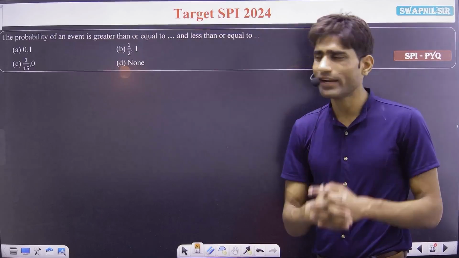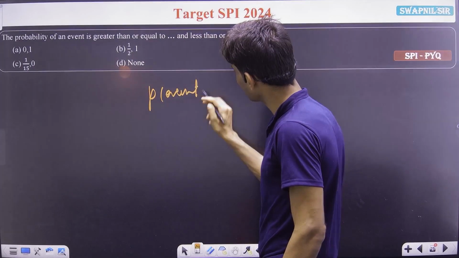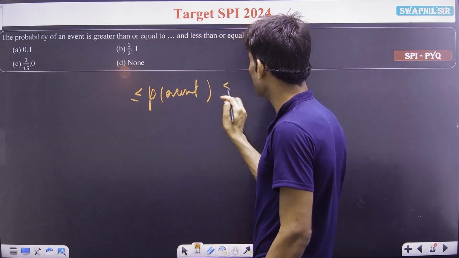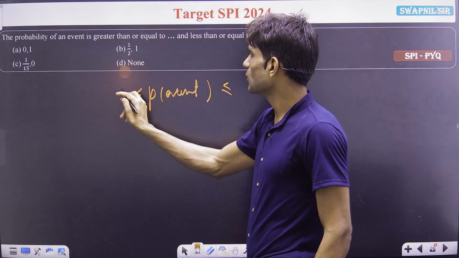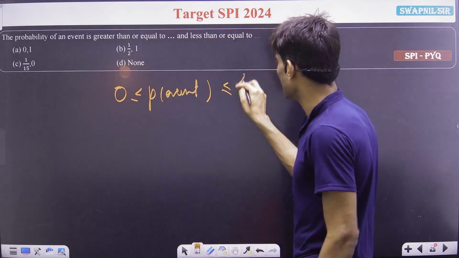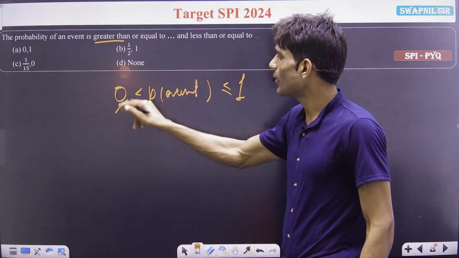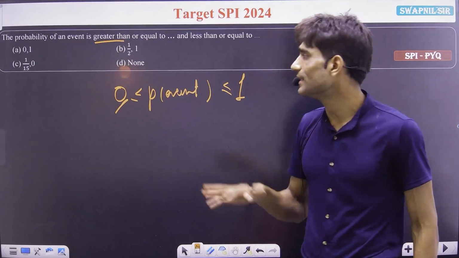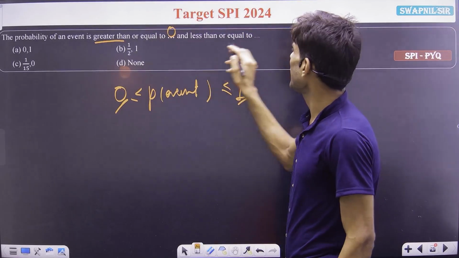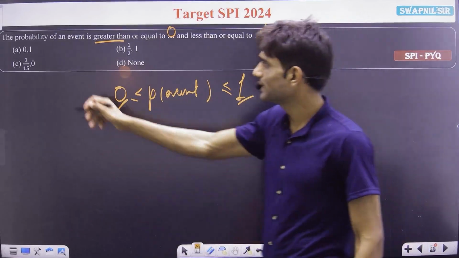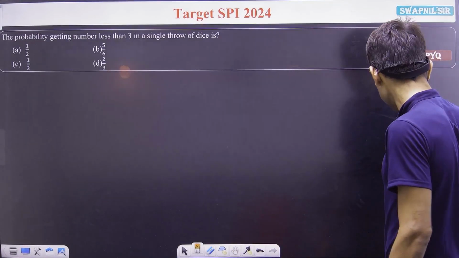I already defined here the probability of any event, which is greater than or equal to 0, and less than or equal to 1. So the probability of any event is bigger than or equal to 0 and smaller than or equal to 1, which gives us option A, it is true here. Let's move to the next question.